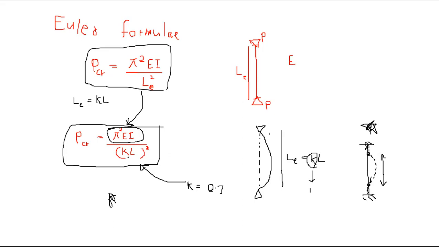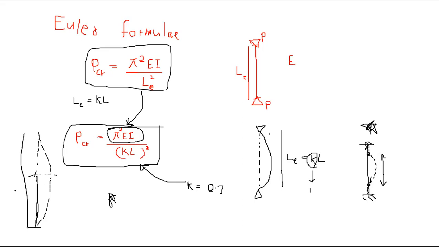So when the K is increased, let's say for a free end case, we know the buckling shape would look like this. We have to complete that part, and that would give you twice the L, 2 times L. So don't worry, these factors will be given to you.